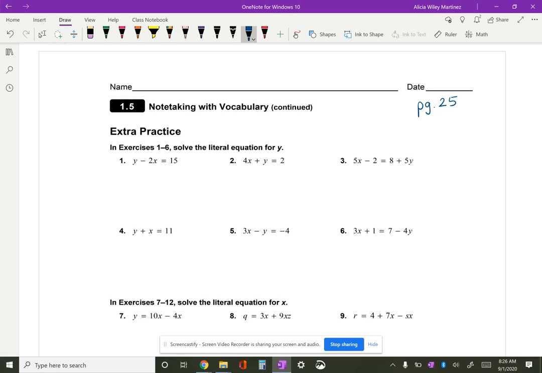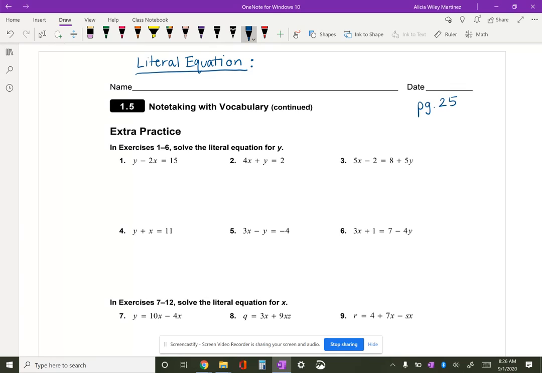So here we go. Today we're talking about literal equations, okay? And I know there's no room to write the definition for it here, but we can just write it up here in the margin. Literal equation. You won't really hear this term very much, but you might see it in the textbook.